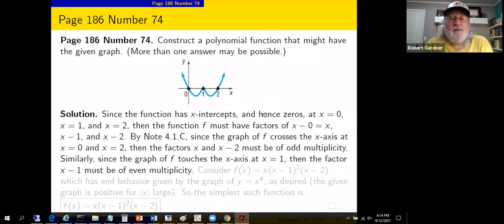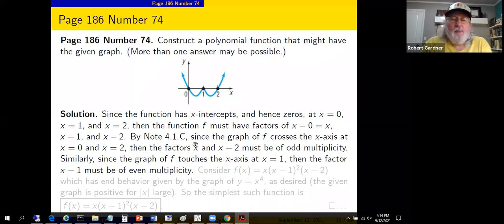They have corresponding factors respectively: x minus 0, or simply x, x minus 1, and x minus 2. So those must be factors.